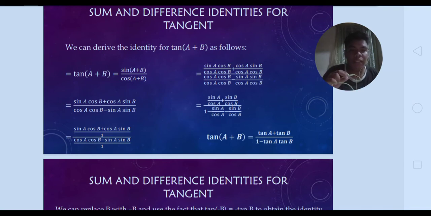After getting the sum identity, we have to multiply it by 1, which is 1 over cos a times cos b divided by 1 over cos a times cos b.